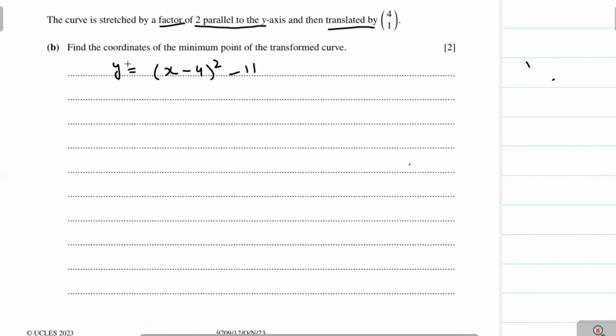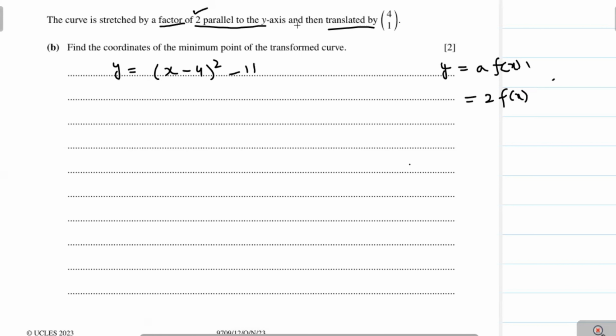Firstly, we stretch this curve by scale factor 2 parallel to the y-axis. For any curve stretched by a scale factor parallel to the y-axis, we multiply the function by that factor. Suppose this function is y equals f of x. We multiply by the stretching scale factor. You see here the stretching scale factor is 2. Therefore, we multiply this function by 2.